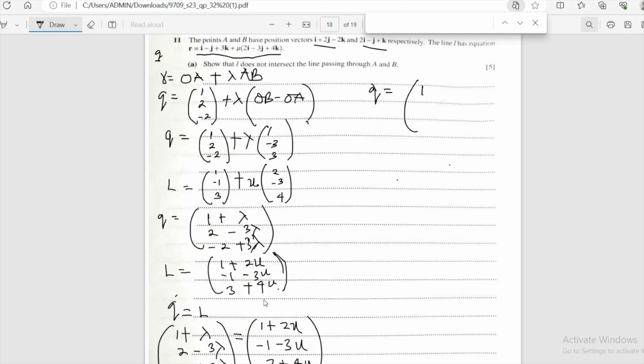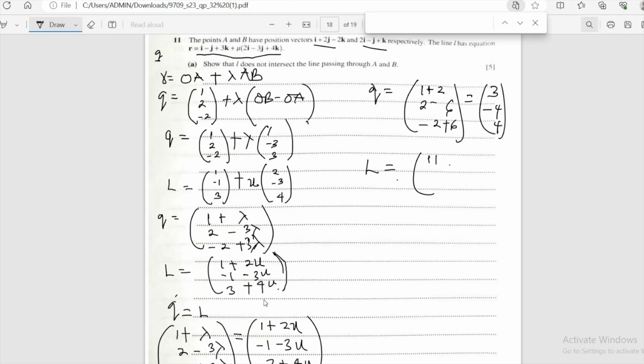Q is 1 plus lambda, and our lambda is 2. So 1 plus 2, 2 minus 6, minus 2 plus 6, which gives us 3, minus 4, 4. Let's look at L. Our mu is, I think, 1.